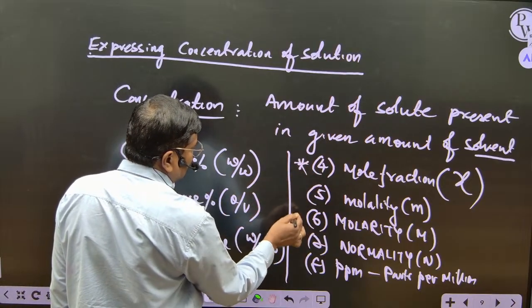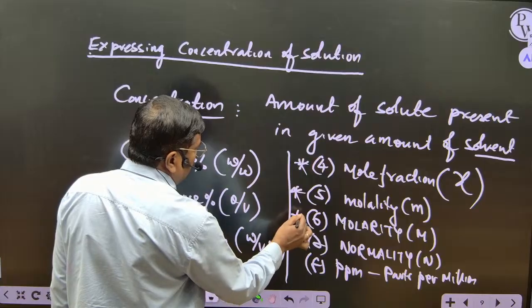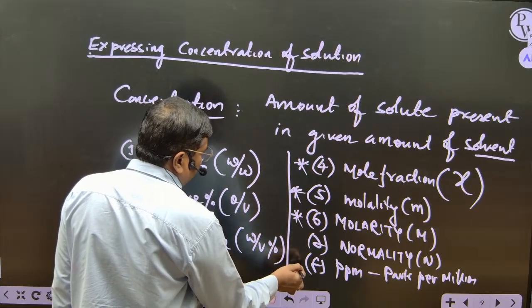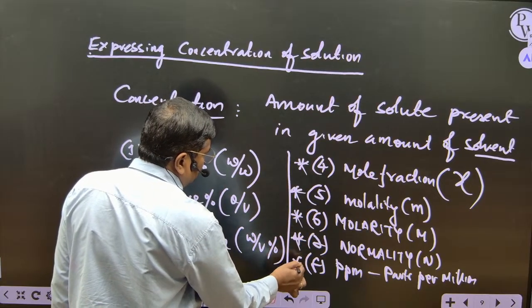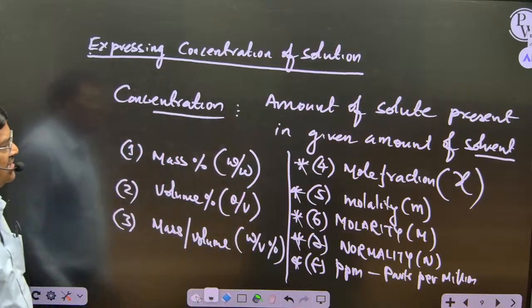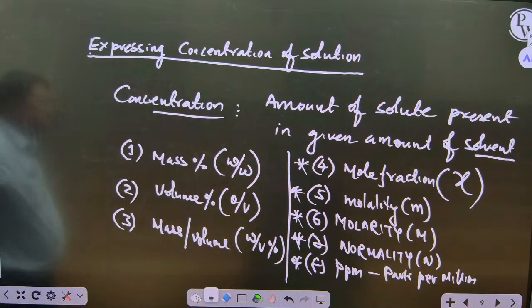Frequently in exam they are asking, and molality, molarity, as well as ppm, very rare, and these 4 are very important. Make a list of all this, and we will discuss all this in tomorrow's session.